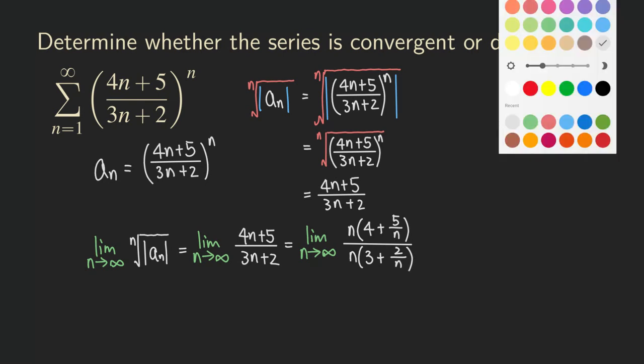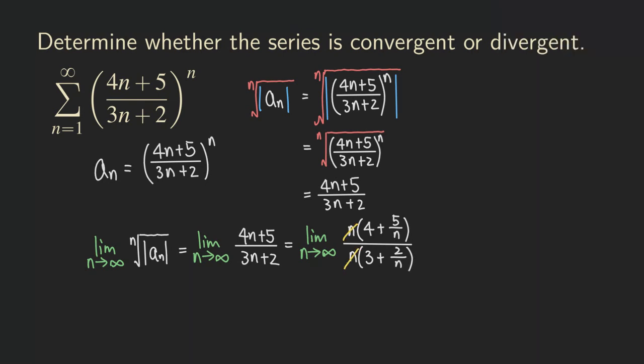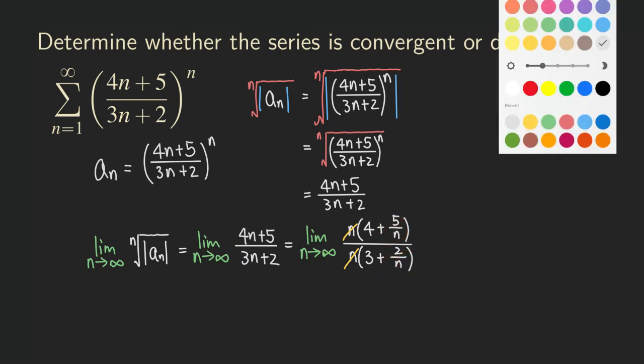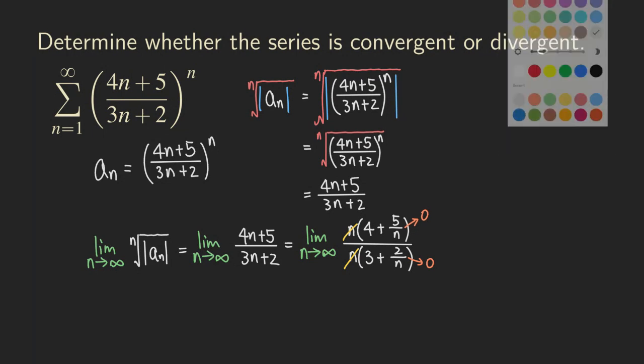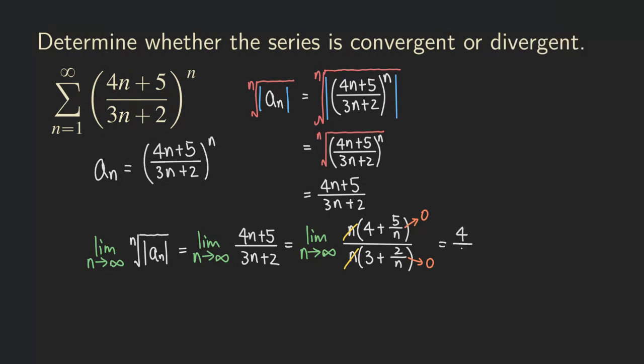And so you know that we can actually just cancel out the n there. If we are doing the canceling, then when n is approaching infinity, those two fractions are approaching zero. So this fraction here is approaching zero, and this fraction here is approaching zero. So what is the answer here? We are going to get 4 over 3.